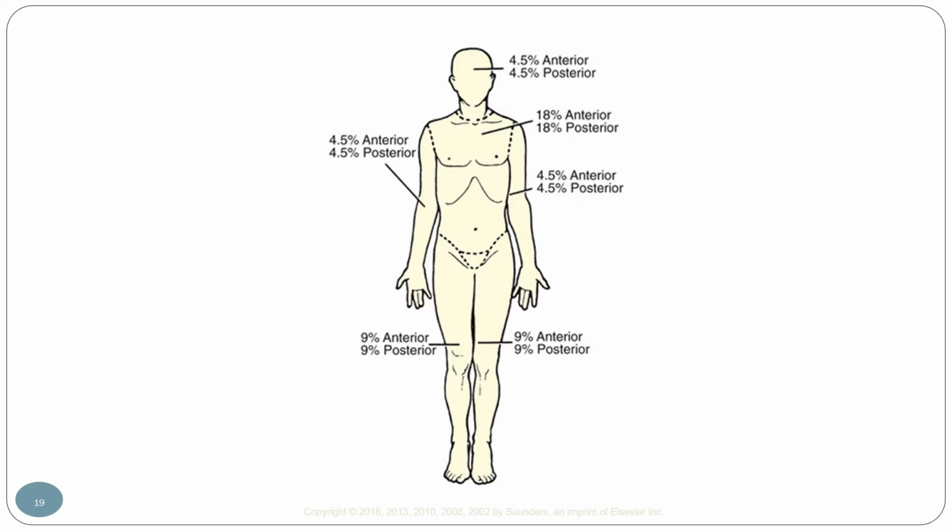Each of our arms is given 9%. So we've got 4.5 for anterior, 4.5 for posterior. Our legs are again given 9% anterior, 9% posterior, so 18 in total. And the genital area is another 9%.